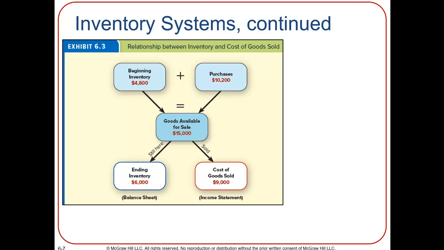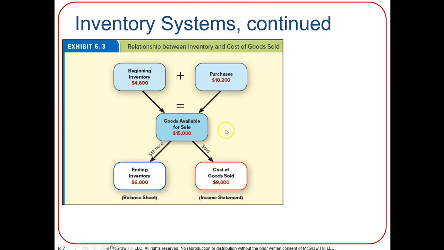All right? So I'm going to refer back to this slide constantly, okay? It just looks like a cross here, okay? So think of beginning inventory. That's what's on the shelf, okay? That's what we started with at the beginning of the month. The purchases are the items that we added to the shelf, okay?